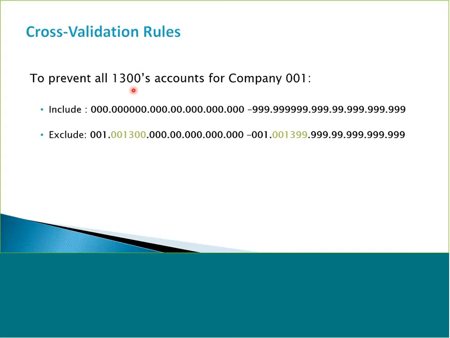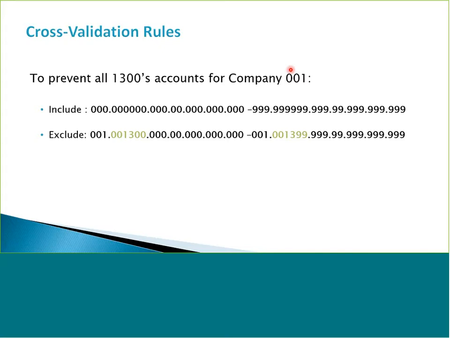Yeah, it's receivables that can only be used by company two. So we don't want any user entering journals to use these accounts with company one, because it does not make business sense for our enterprise. So if we don't want company one to use this 1300 account, how are we going to specify those rules?